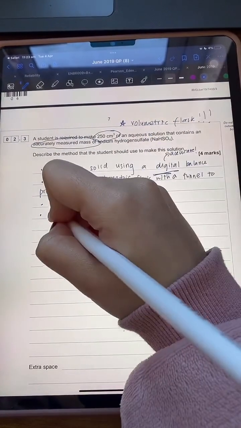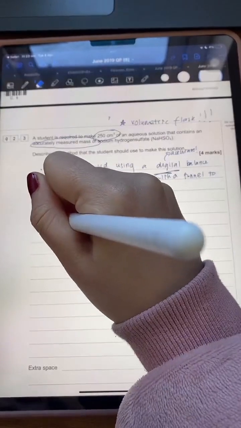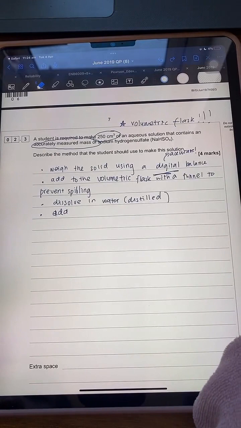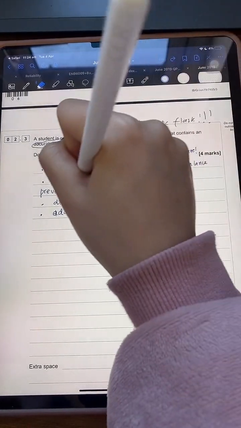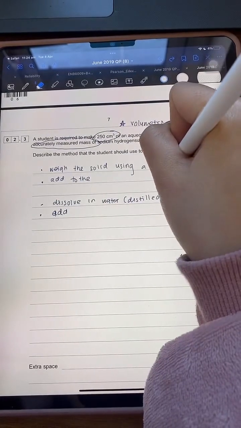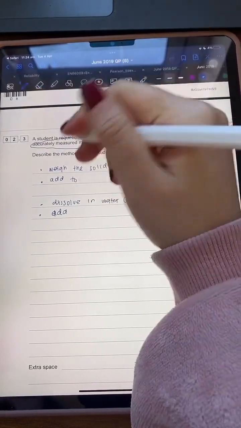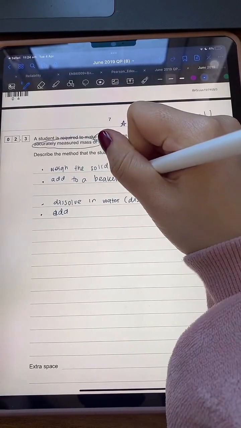I'm forgetting one step. Add to a beaker first, or flask. You want it to dissolve already before it goes into the volumetric flask.